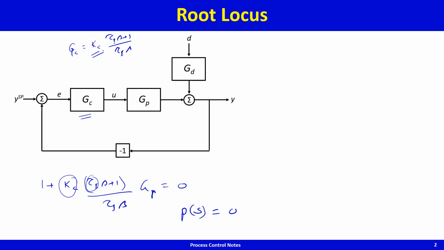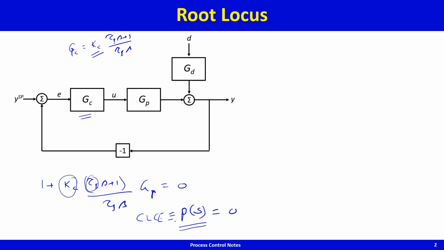Now as Kc is changed, the coefficients of the closed loop characteristic equation polynomial will change, and as the coefficients change, the location of the roots will change, and as the location of the roots changes, the dynamic response of the closed loop system changes.